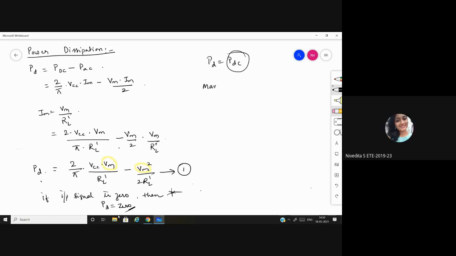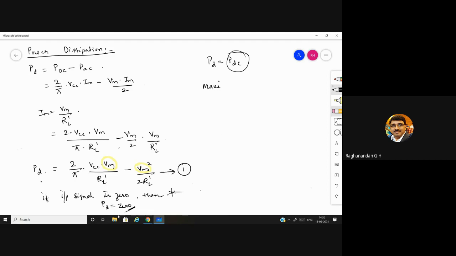Okay. See, when you are not giving any input signal, power dissipation is 0. So it's an advantage, because if you're dissipating heat without giving any input signal, that becomes a disadvantage for the system. That is what happened in our class A power amplifier. But here, when you are not giving any signal, obviously there is no heat released. When some AC signal Vm is given, then it dissipates some power, some heat.